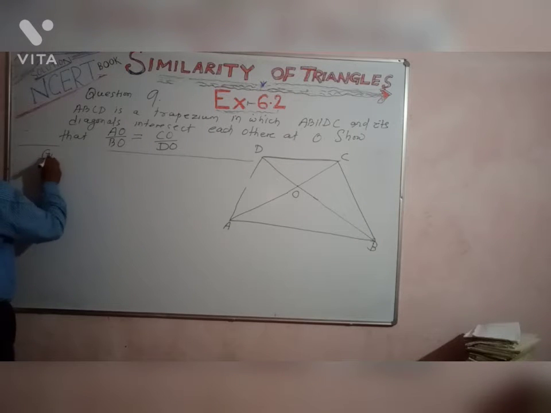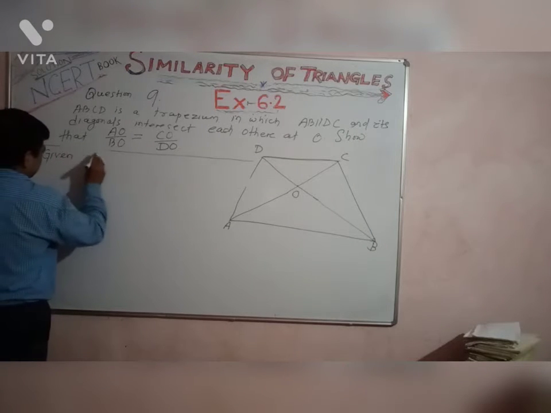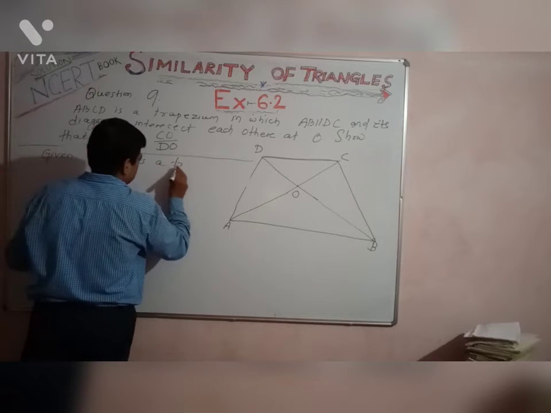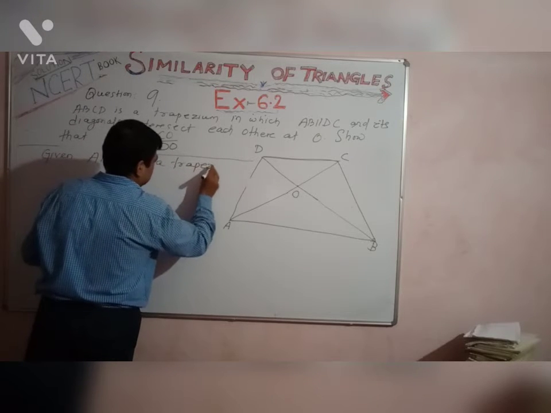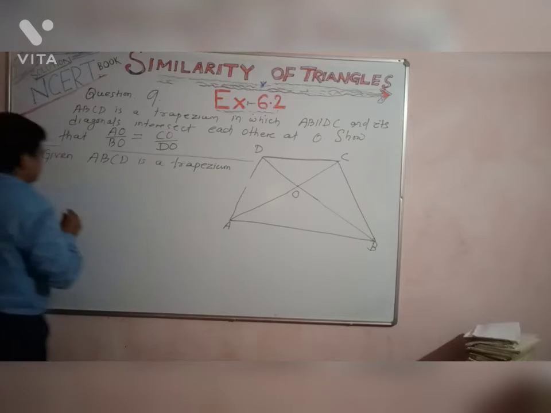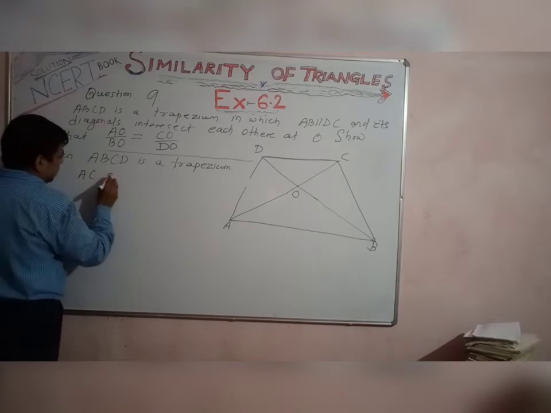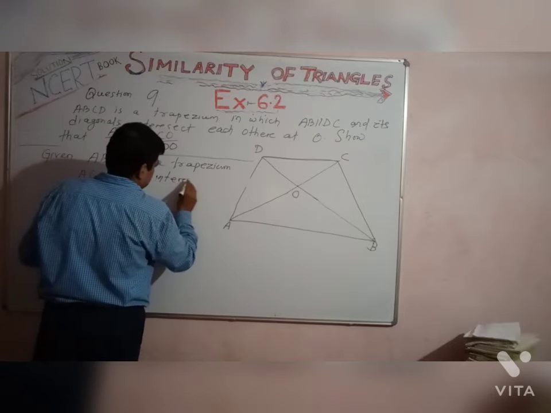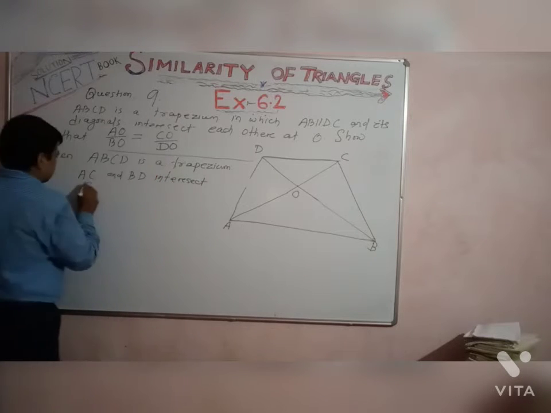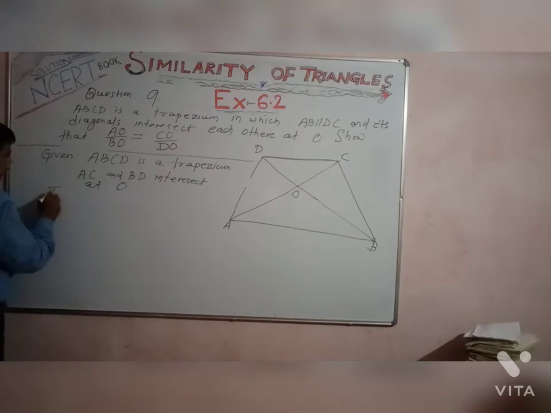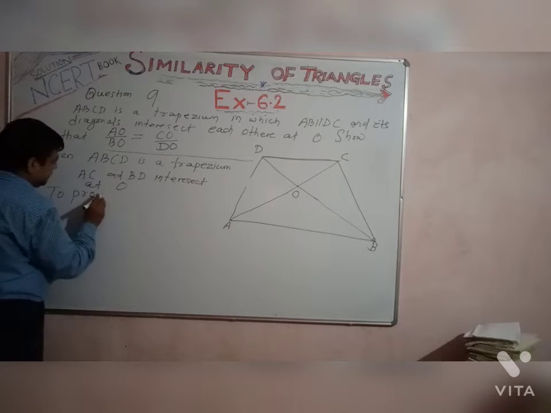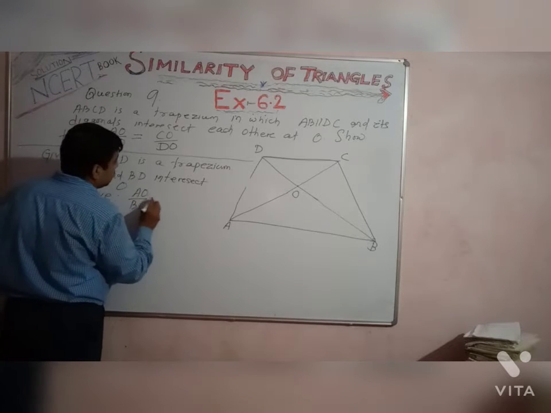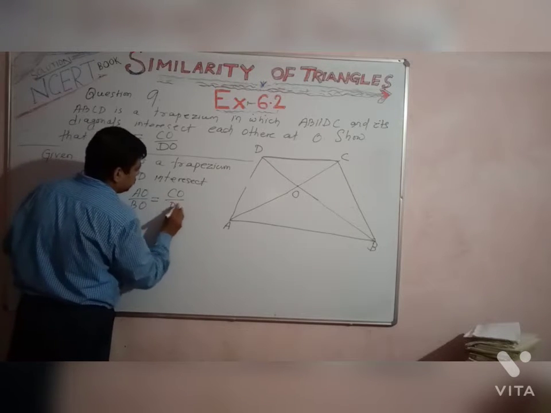It is given ABCD is a trapezium, and the diagonals AC and BD intersect at the point O, and we have to prove that AO upon BO is equal to CO upon DO. That you have to prove.